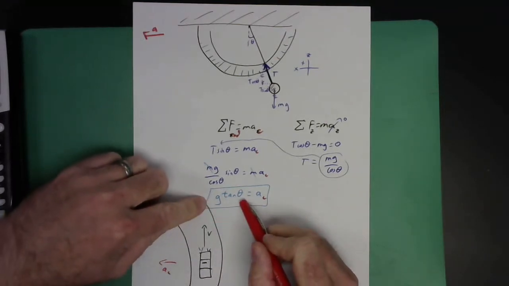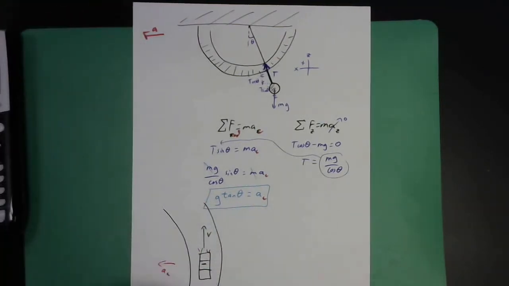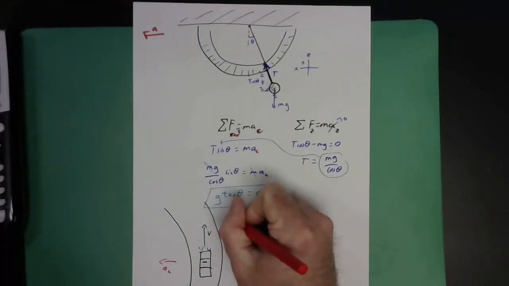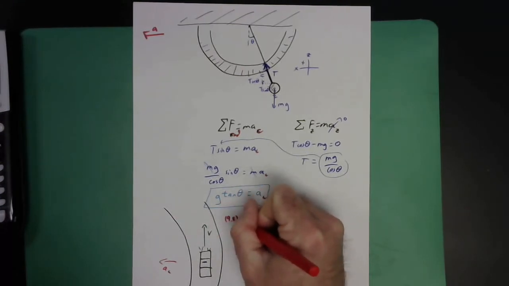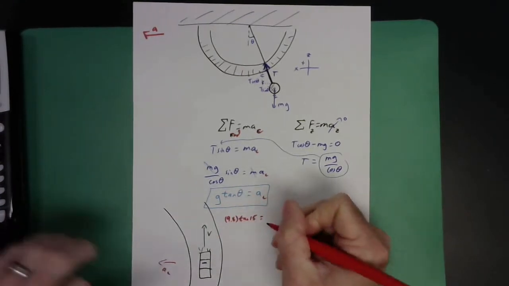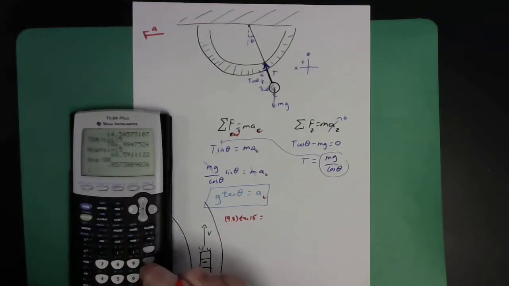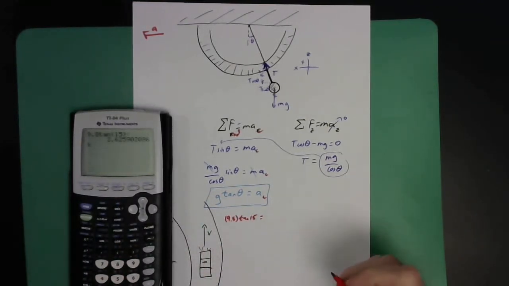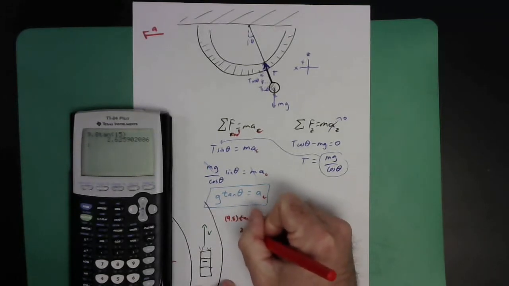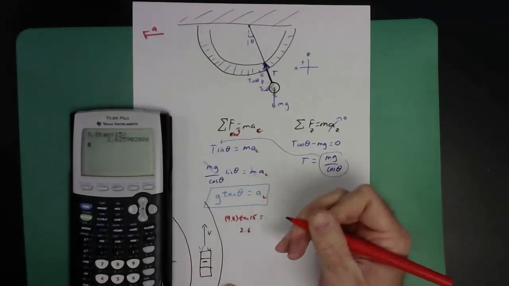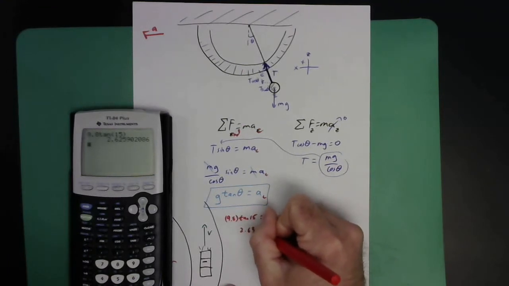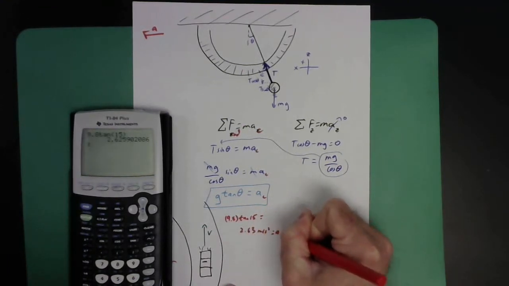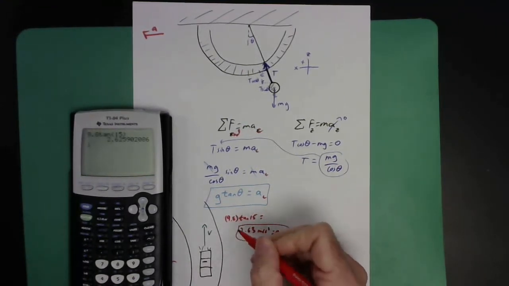We know g, we know the angle is 15 degrees in this problem, so 9.8 times the tangent of 15 degrees, and I get 2.6259. Let's just call that 2.63 meters per second squared as my centripetal acceleration. That is the answer to part A.